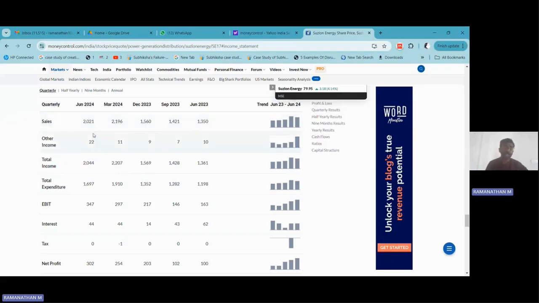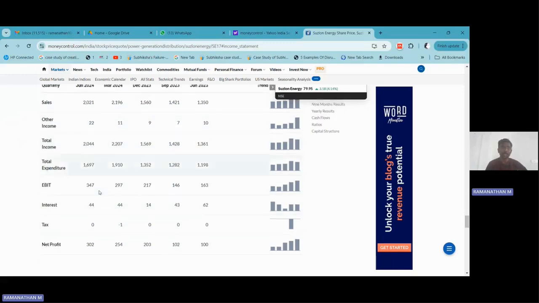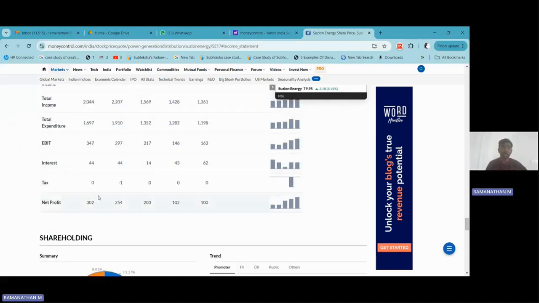But they have invested their capital into some other investment option, so that they can get some 22 in other income. This is appreciable, so that they can get a good number in net profit.